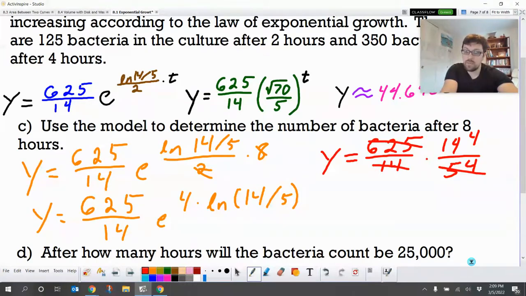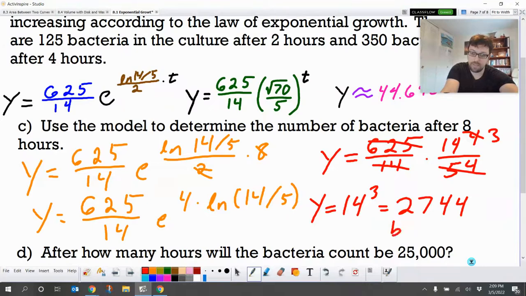This 14 will cancel with the 14 to the 4th, just one of the 14s. So we just have 14 cubed. So y equals 14 cubed. That's the only thing that we actually have to calculate. You type that into the calculator, you get 2,744 bacteria.